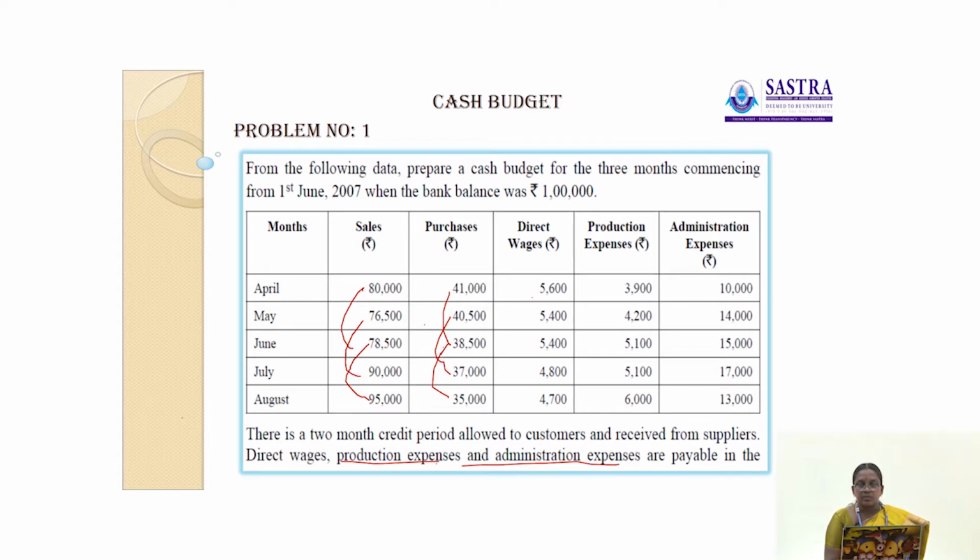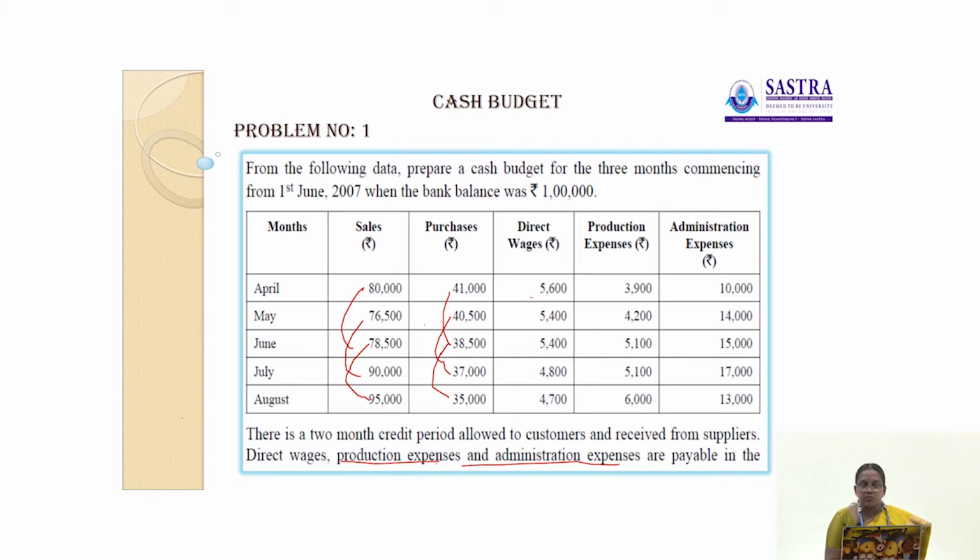Then direct wages, production expenses and administration expenses are payable in the following month. So, in the following month, in the sense that 5,600 is the direct wages in the month of April, which is payable only in the month of May.